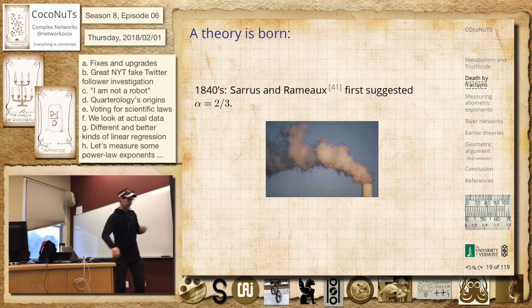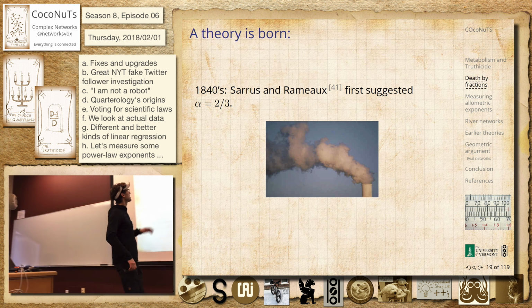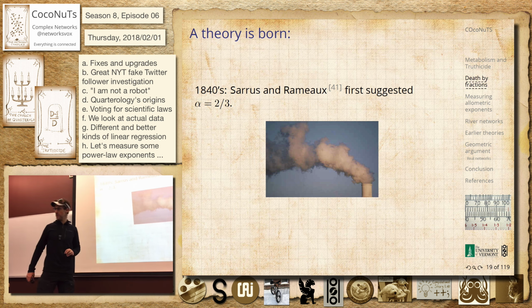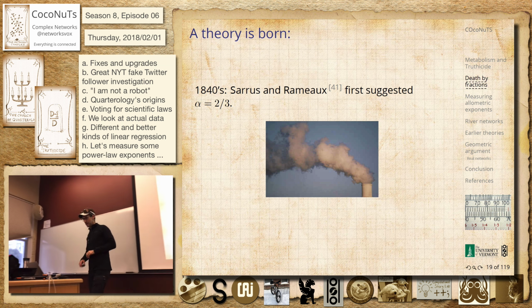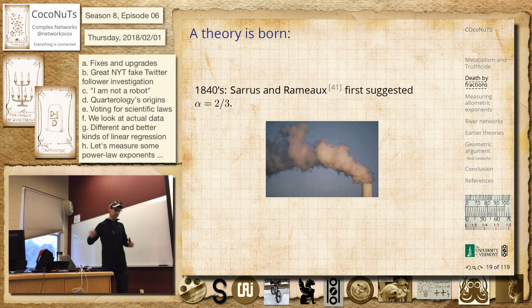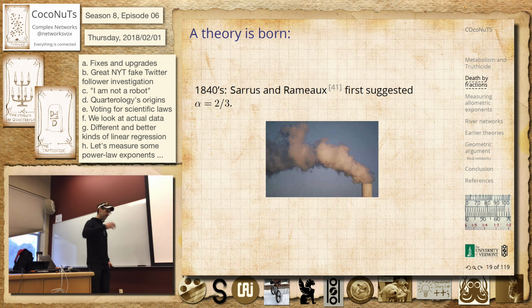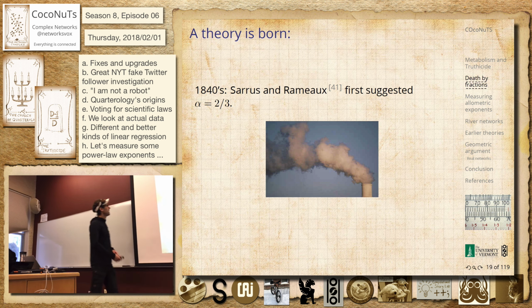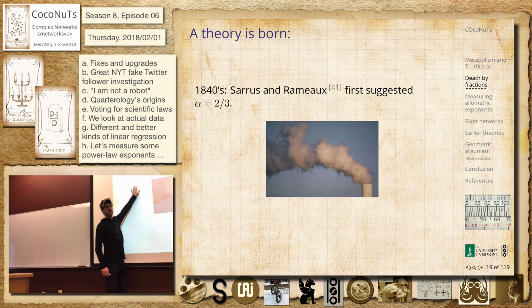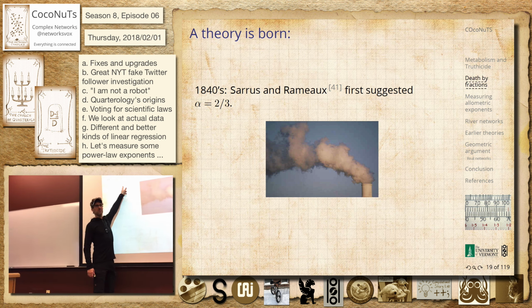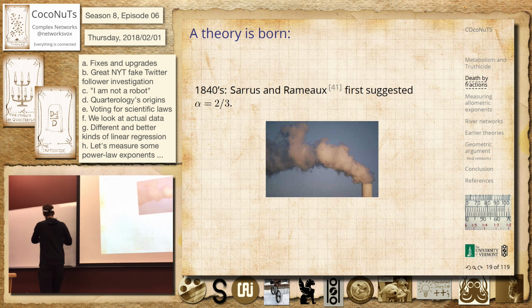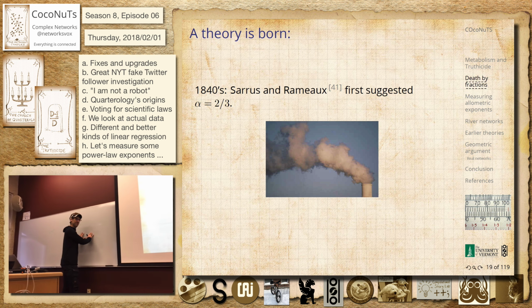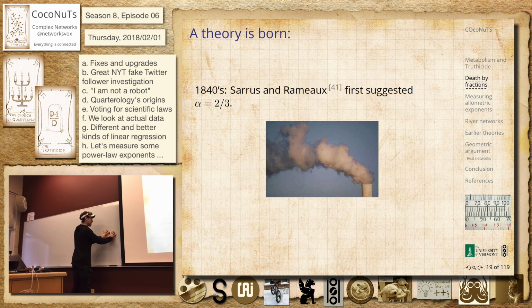They went to a local, they found some physicists, and again, this is the 1840s, science is sort of just taking off, and asked them, how should this work, right? If we have someone who's 1.5 times as heavy or tall or whatever, how do we do this? And so they suggested this exponent of 2/3, right? So the amount of food you should put on their plate in terms of volume should scale as mass of the person to the 2/3.